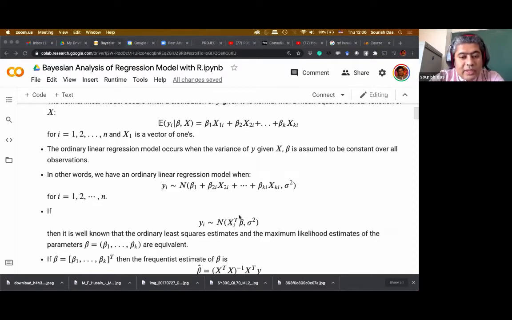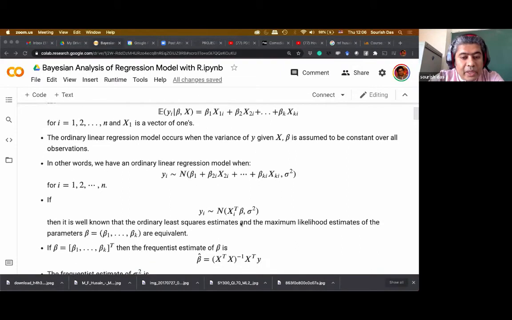So naturally, this is the dot product of xi transpose times beta. That gives me the expected value of y, around which the actual observed value of y will vary, and how much it will vary is determined by sigma square.